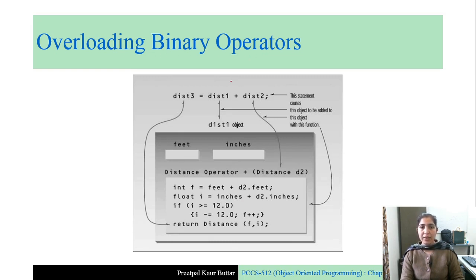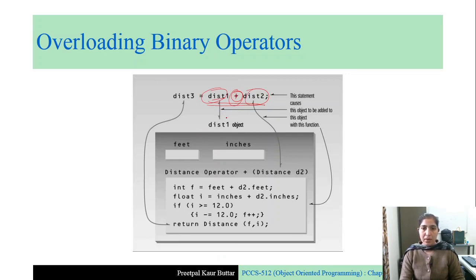It is overloading the binary operators. Distance d3 is equal to distance d1 plus distance d2. Okay, so when we encounter this statement, again the compiler sees that these are not the built-in data types, these are the user-defined data types. So it will look for the overloaded plus operator behavior, where we have defined this behavior for this overloaded plus operator.